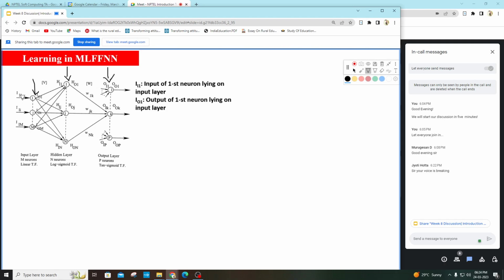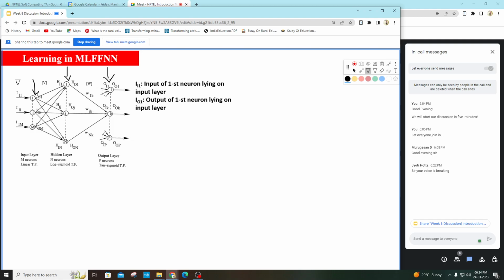Now I1 means the input that you are giving to the first neuron. When you are giving an input to a neuron, you will also get an output from the neuron, right? You are feeding some information to the neuron, so it will give you some output. That output from the first neuron of the input layer is IO1.